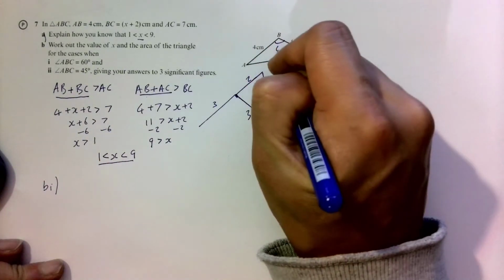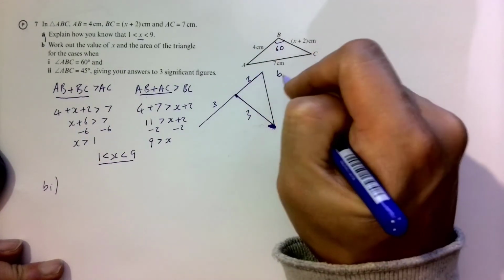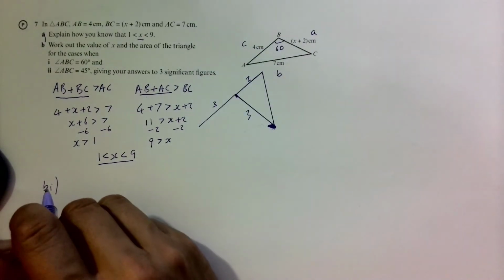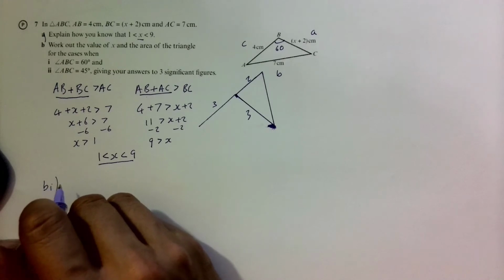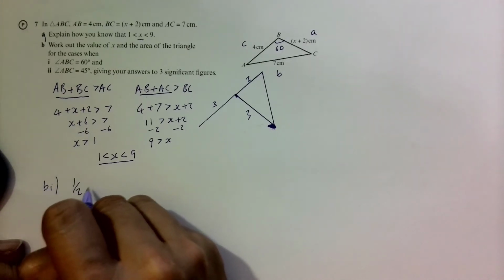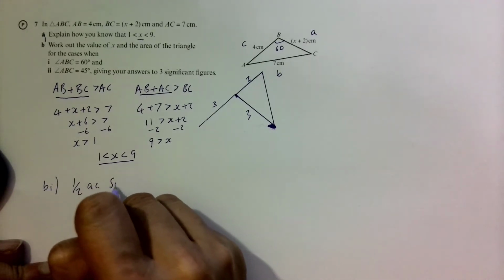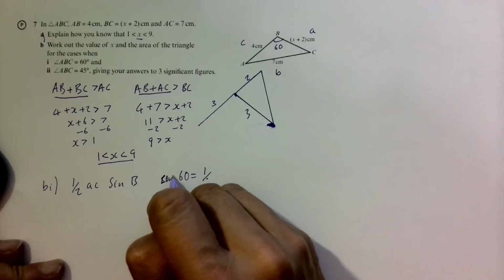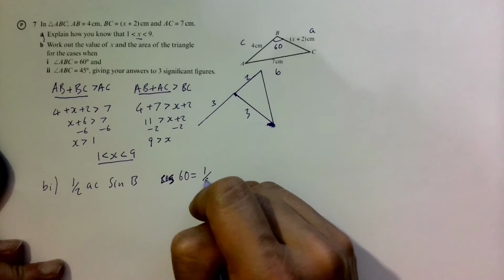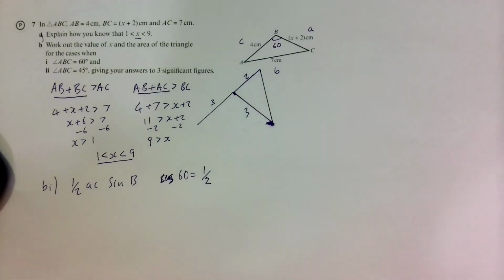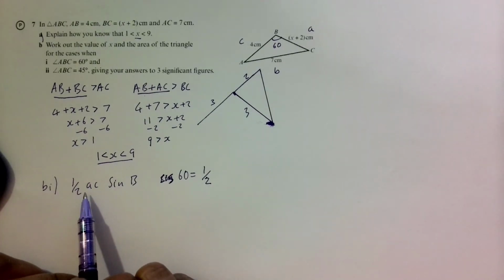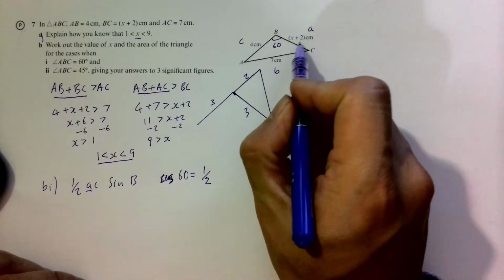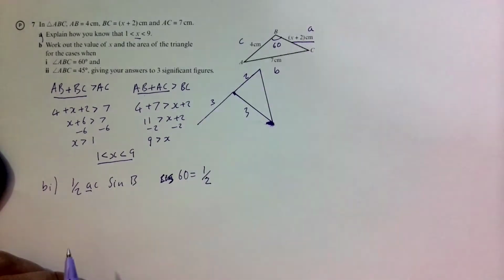So this is 60. So let's label this little b, little a and little c. Now it's talking about finding the area, so we know we have to do half ac sine b, correct? So I mean cos 60 equals a half. We've got to find little a, so we've got to find this length here.